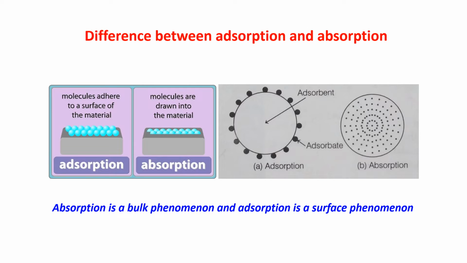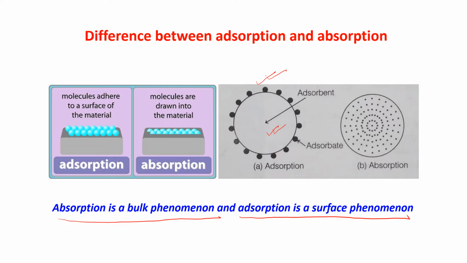You can see here the difference between adsorption and absorption. The first thing is that absorption is a bulk phenomenon and adsorption is a surface phenomenon. This is your adsorption. The adsorbate molecules are on the surface only. This is the adsorbent.